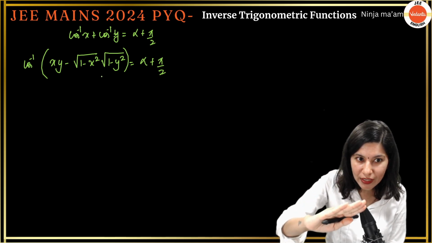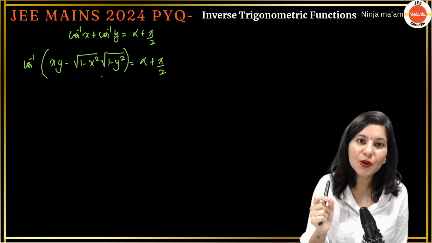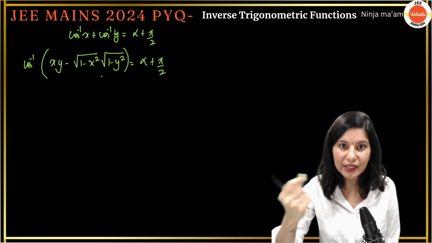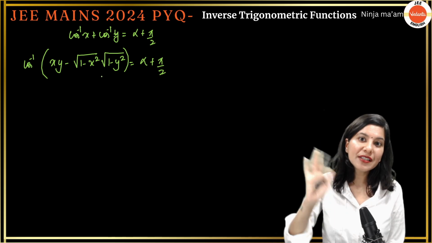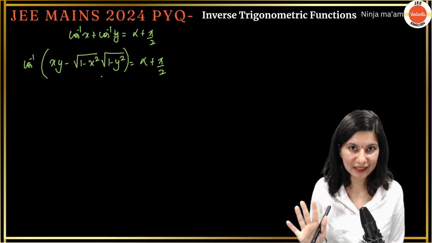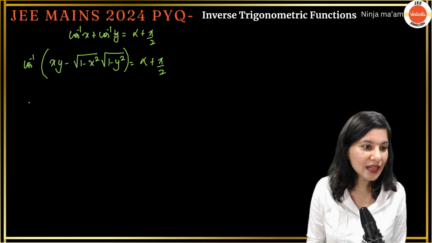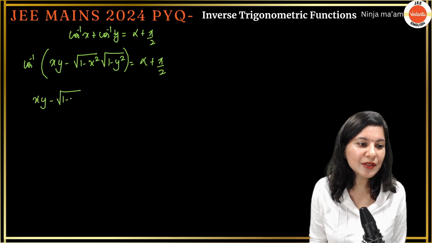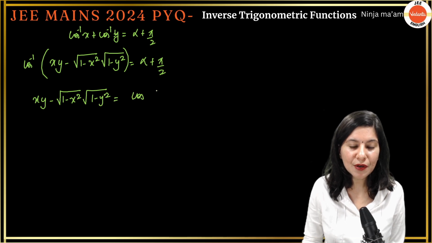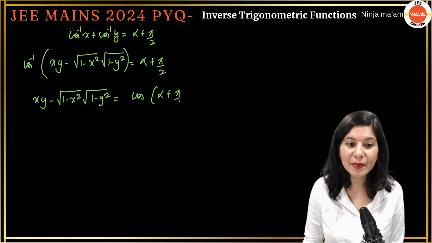Now I can shift the cos inverse to the right hand side and we are safe to do that because we have calculated the range of both sides and they overlap. So xy minus square root of 1 minus x square, 1 minus y square, is going to give you cos of alpha plus pi by 2.